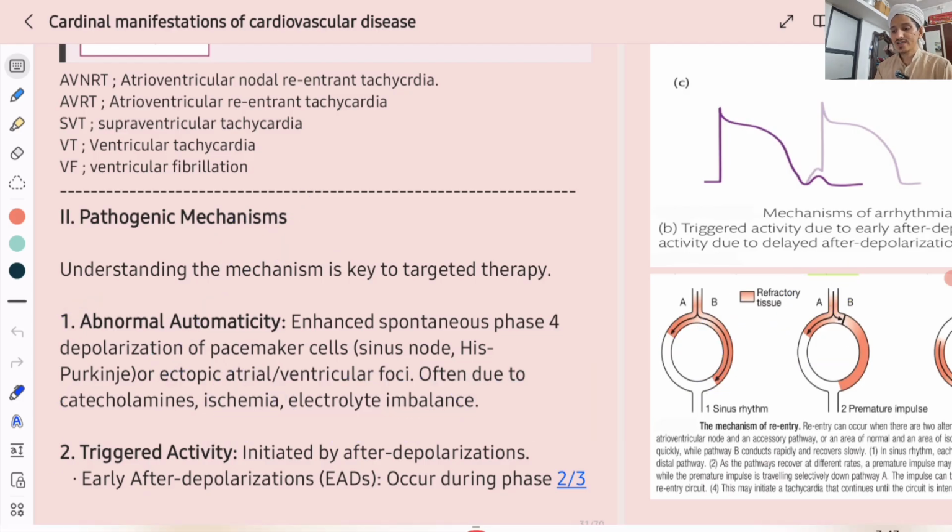Number two is triggered activity. This is initiated by afterdepolarizations. What are afterdepolarizations?